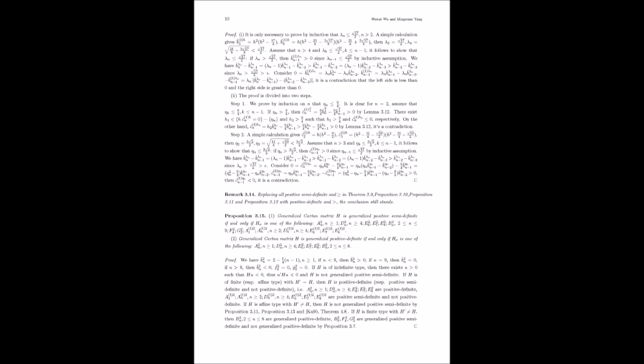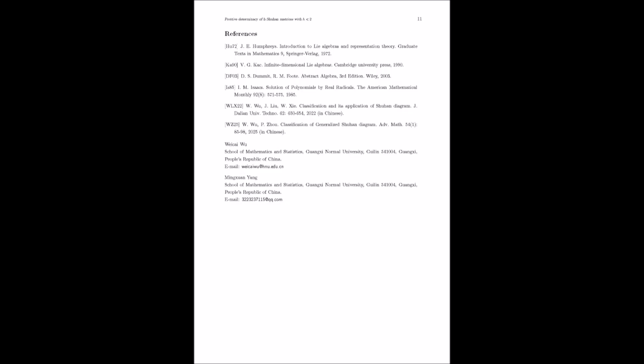Yes. But why is it so important? What kind of insights does it offer beyond simply categorizing these matrices? That's a key question. This classification is a game changer because it gives us a way to predict the behavior of h-Shuhan matrices without having to go through tons of tedious calculations. Just by knowing the type of matrix and the value of H, we can immediately determine if it's positive semi-definite, virtual positive semi-definite, or generalized positive semi-definite.